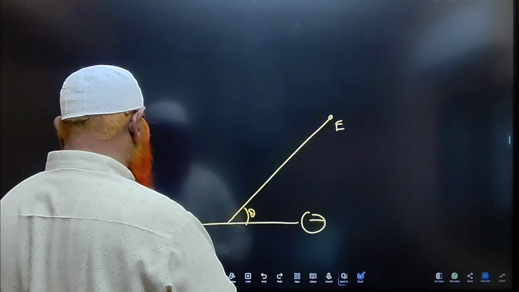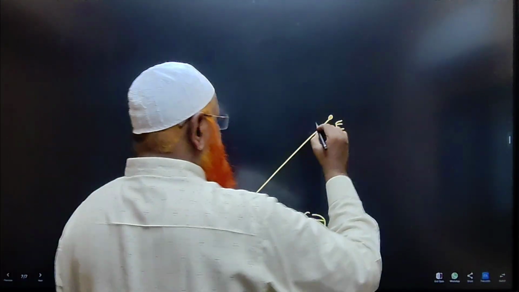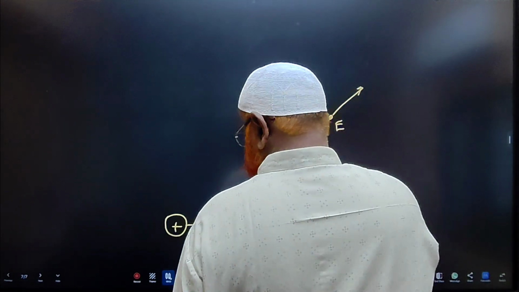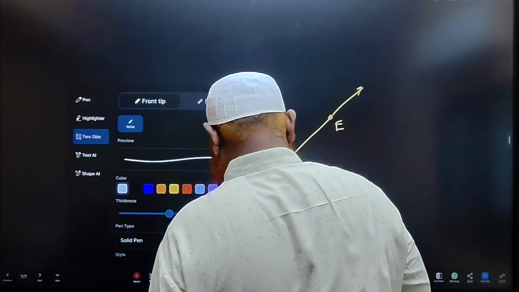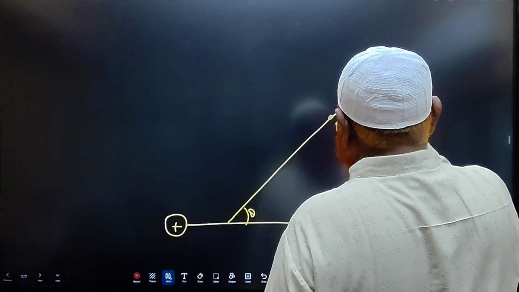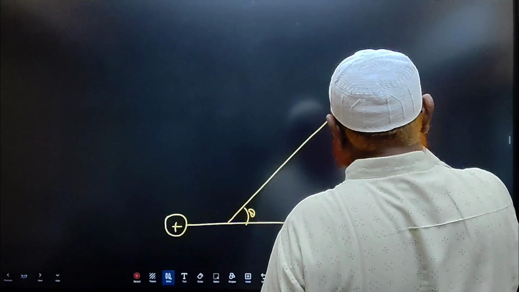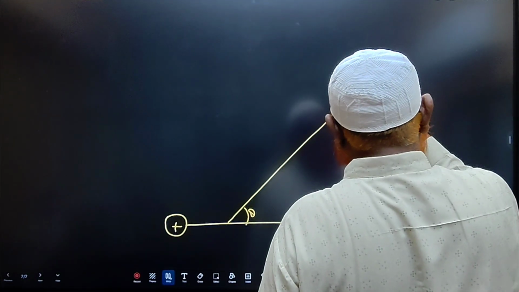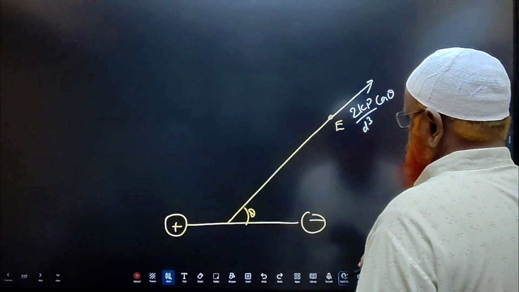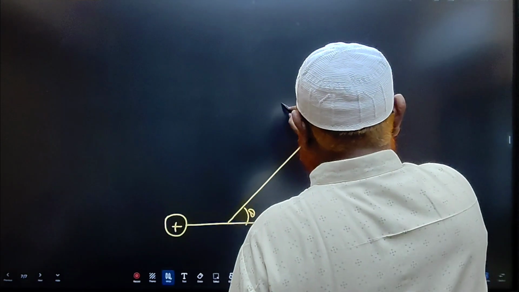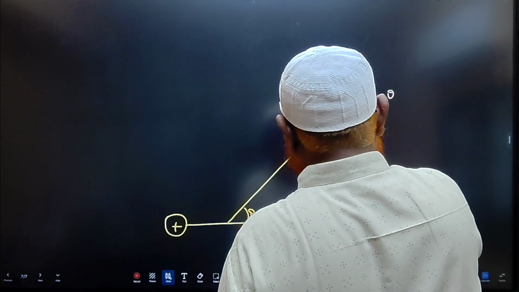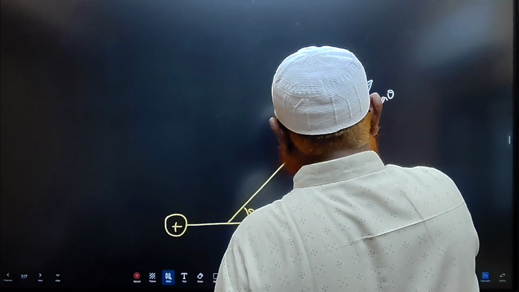In this direction, it is considered as 2Kp by d cube cos theta. In this direction, it is considered as Kp by d cube sin theta.